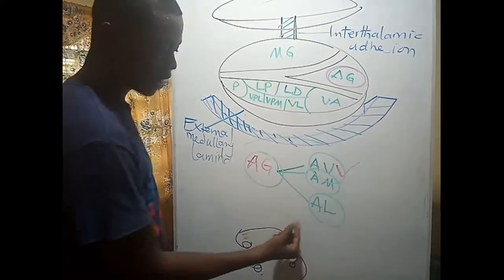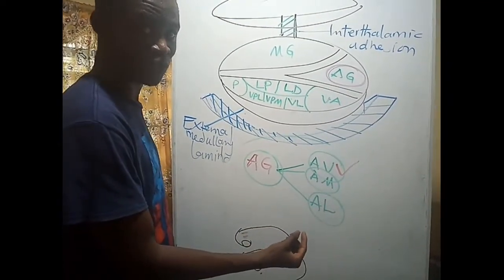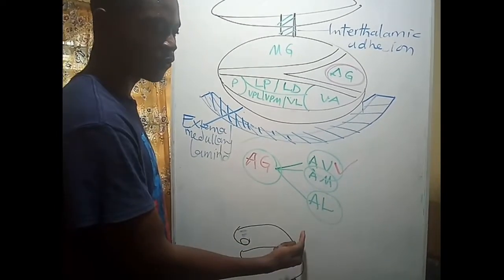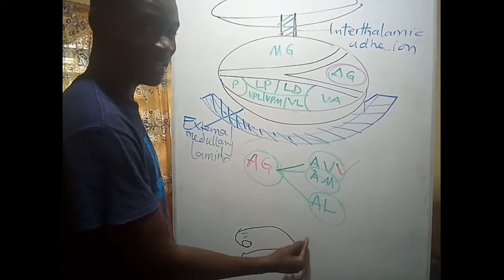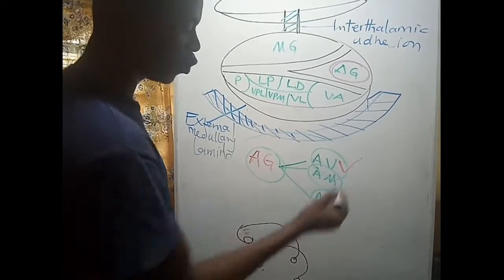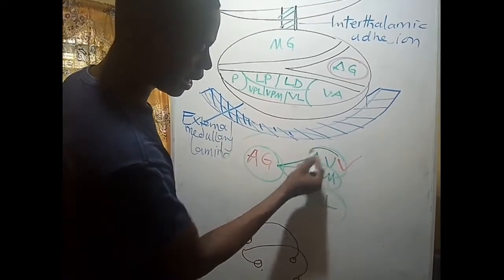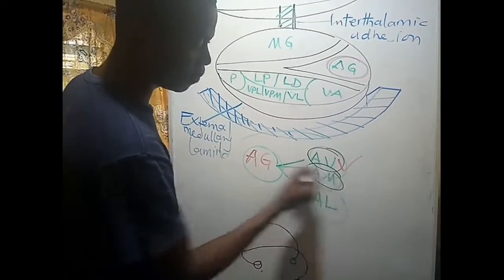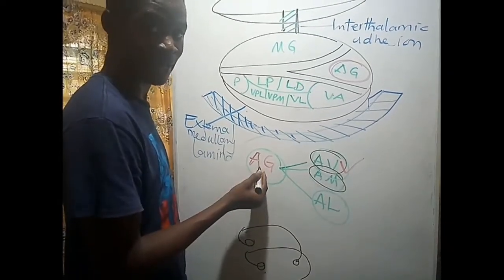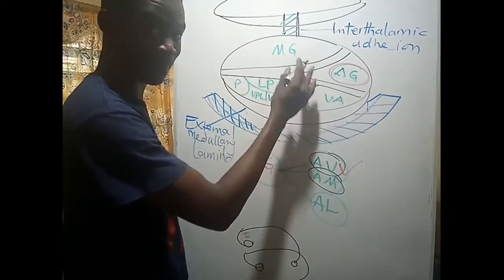So the mammillothalamic tract that arises from the medial mammillary nucleus will synapse in the anterior ventral and then the anterior medial nuclei of the anterior group of the thalamus.